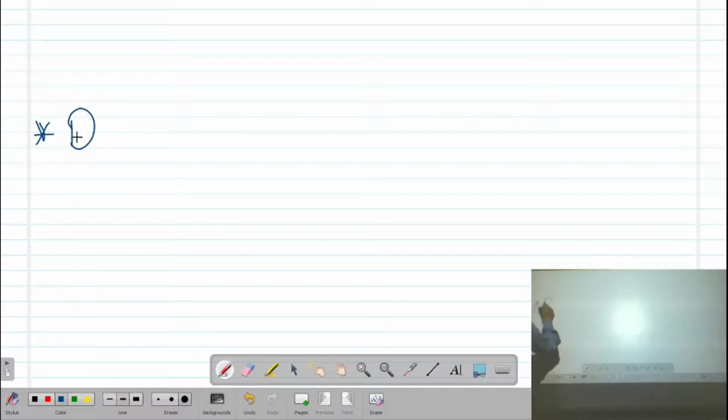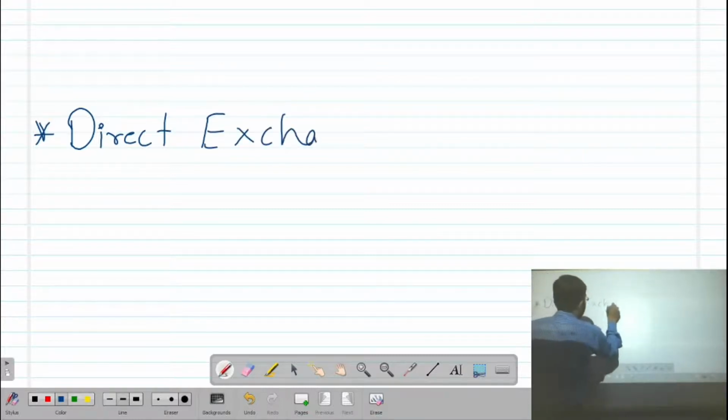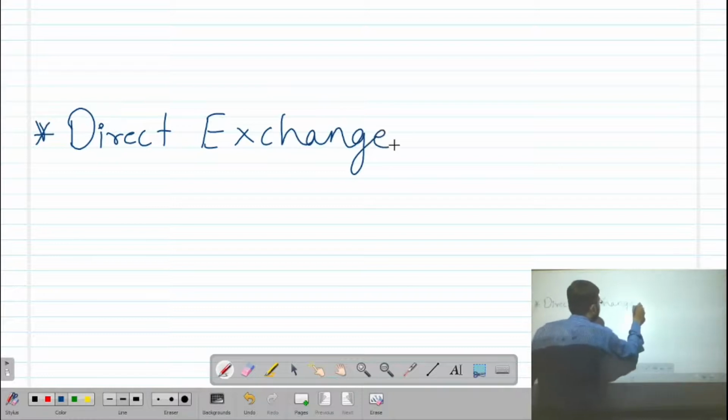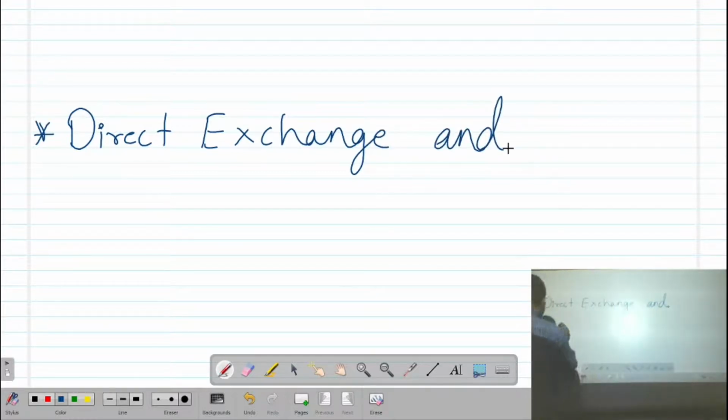Further, the next topic is direct exchange and super exchange. Now what is direct exchange and super exchange? Let us see.